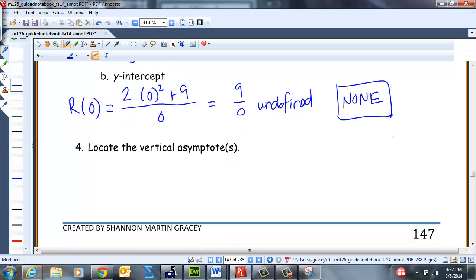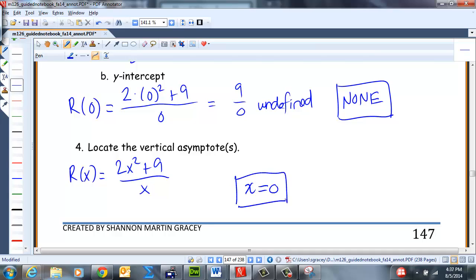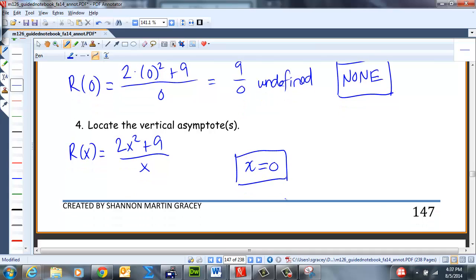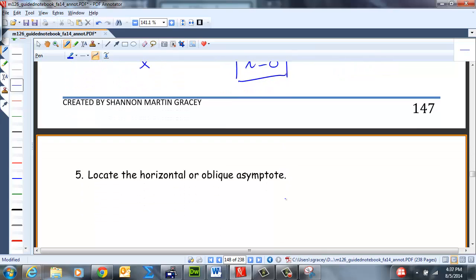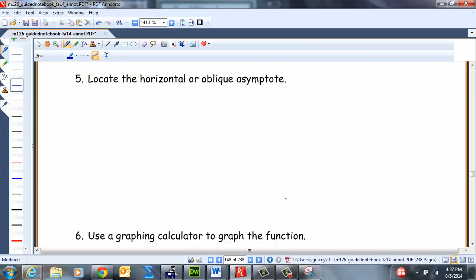So let's locate the vertical asymptotes. Again, r of x was 2x squared plus 9 over x. So it's just at x equals 0 that we have our vertical asymptote. And locating the horizontal or oblique asymptote. So rewriting this in the format it started out with, we had changed it to look like this.